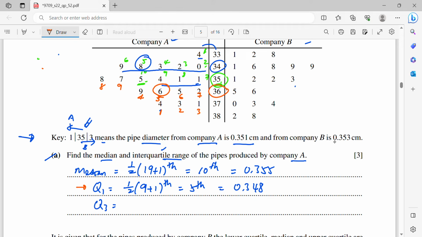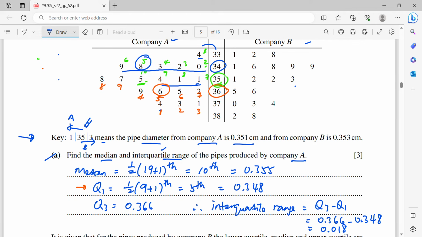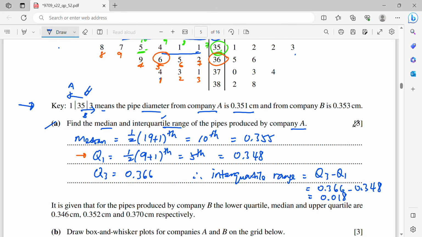It will be 366, so this is 0.366. Hence my interquartile range is Q3 minus Q1, so you get 0.366 minus 0.348, which is 0.018. This is how we solve the interquartile range.